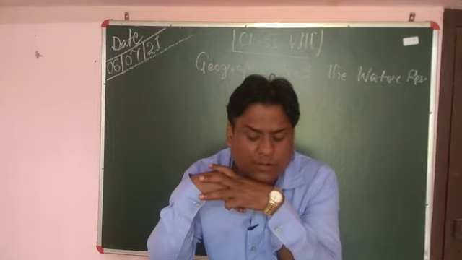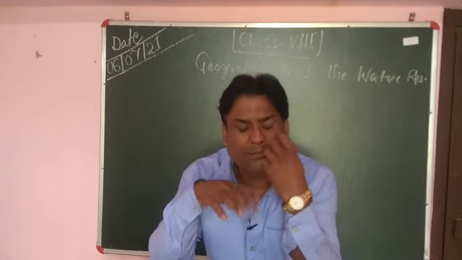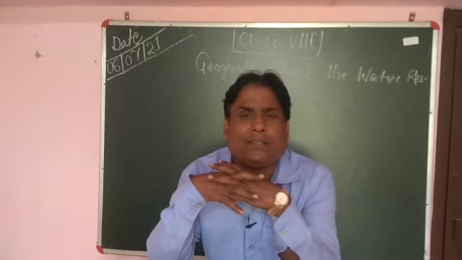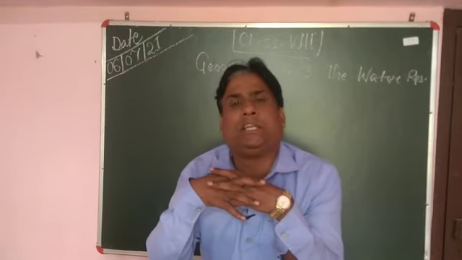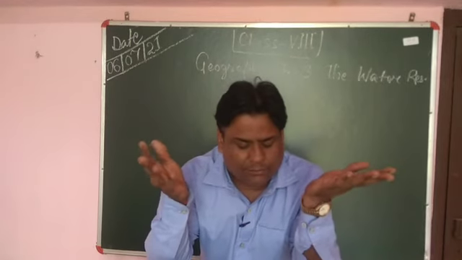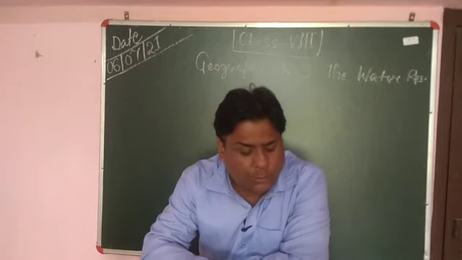Another 2% of the water is in the form of ice caps and glaciers. The glaciers are located in the North Polar region and South Polar region. There it can be seen in the form of ice, but it cannot easily be used by us.